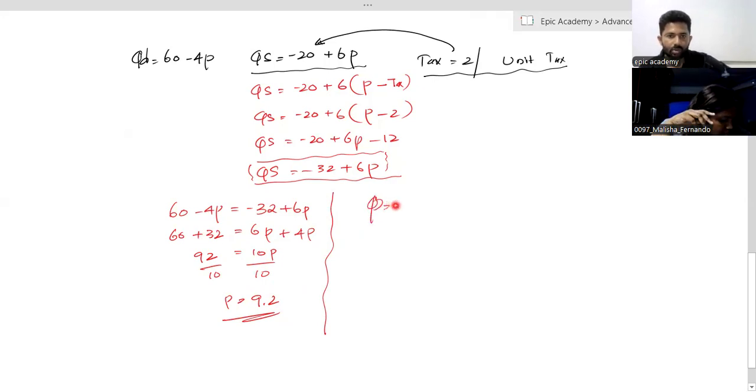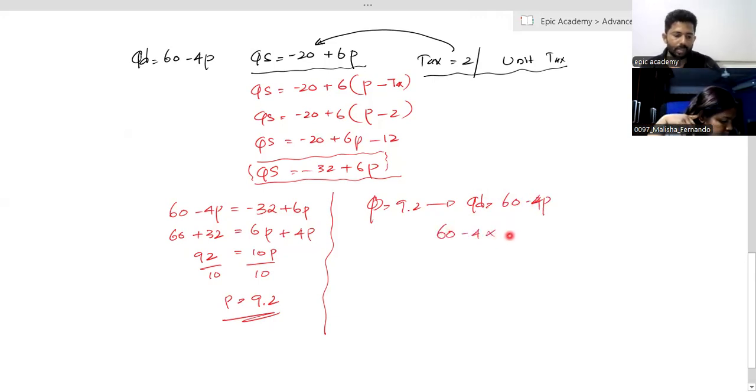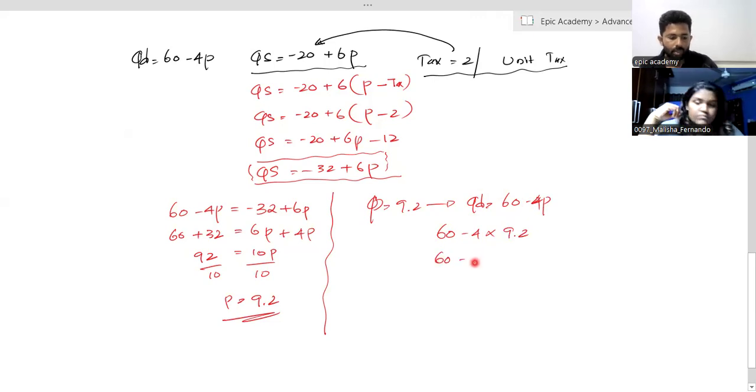Now I am going to calculate the equilibrium quantity. When P equals 9.2, you use that value in the QD equation, 60 minus 4P. That means 60 minus 4 multiplied by 9.2. 4 times 9.2 is 36.8.